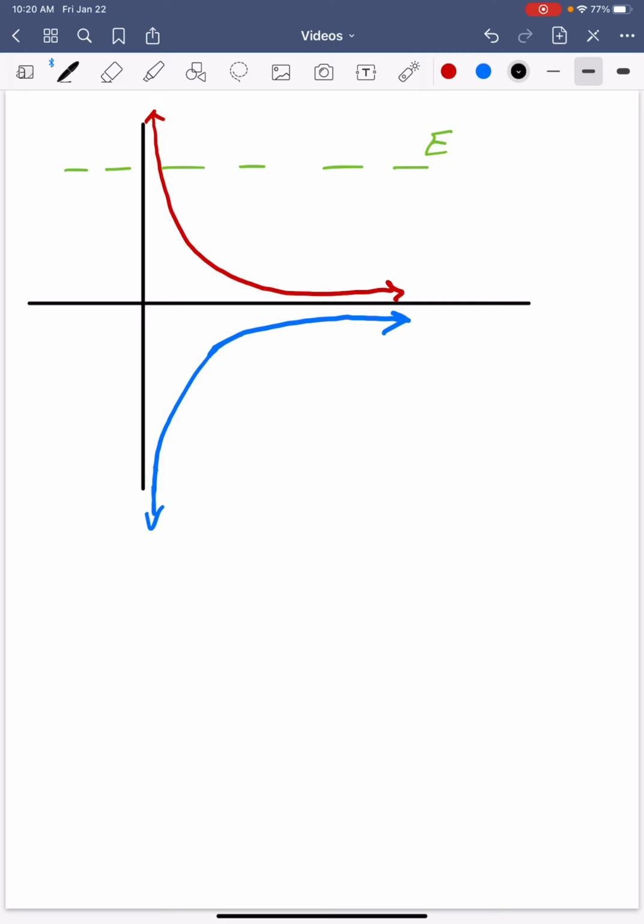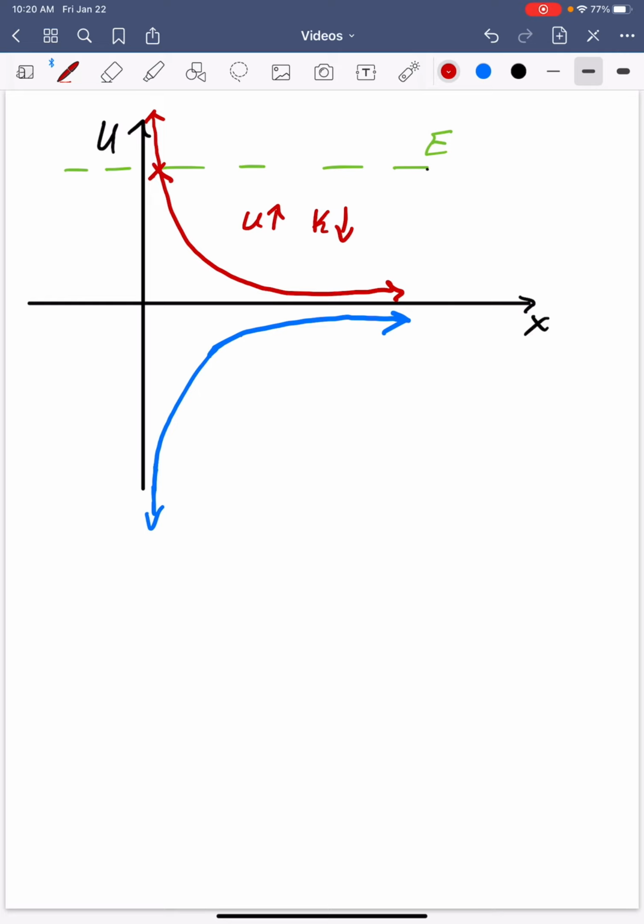So if I'm out here, and in this case, this is X, and this is U, so my total energy out here is E. As I move toward the origin, in the red case, my potential energy increases, which means that my kinetic energy must decrease till I get to this point.